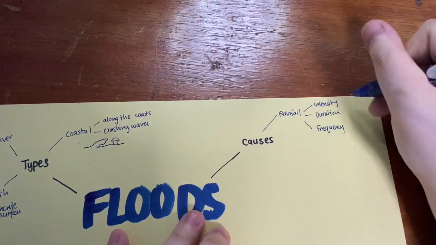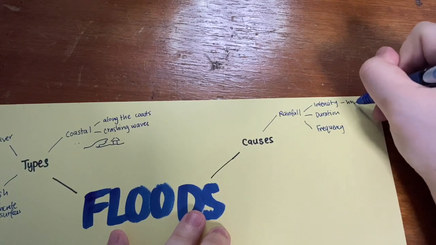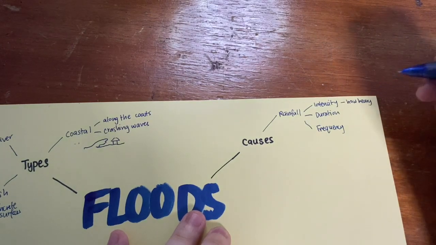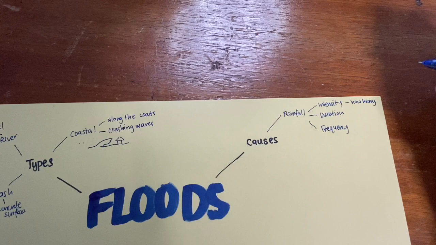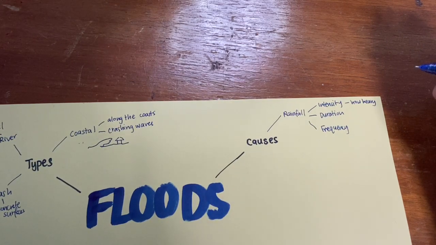Intensity just means how heavy it is. Is it a drizzle? Is it a storm? Is it a tropical cyclone?